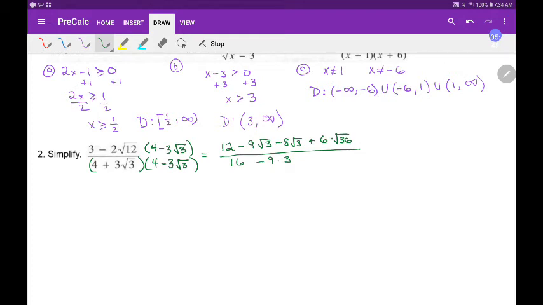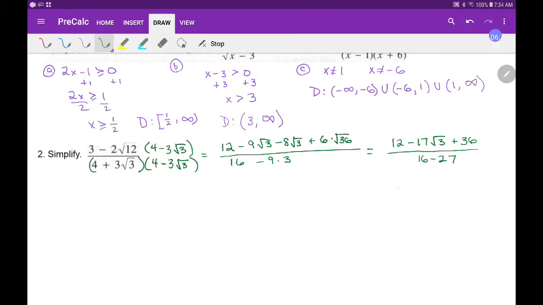We know the square root of 3 times the square root of 3 is 3. Okay, so we will say 12. Put these guys together and we get negative 17 square root of 3. We know the square root of 36 is 6, so we're going to say plus 36 again, over 16 take away 27.